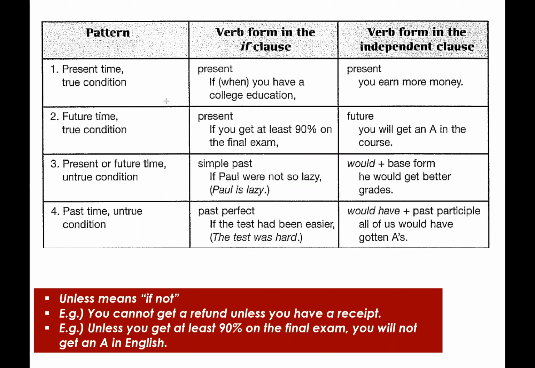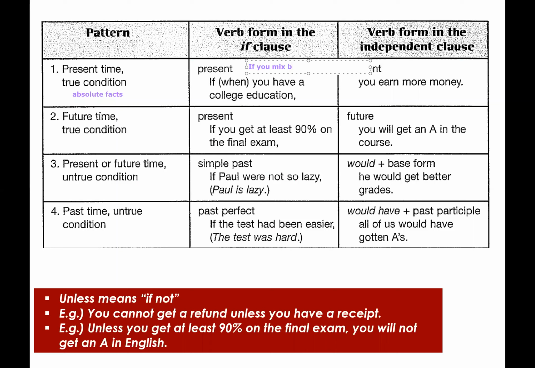When we're talking about true condition, or what I call absolute facts, we would use present tense in both clauses. Present simple, present simple. For example, if you have a college education, you earn more money. I don't think that's necessarily true anymore, so I'm going to give you a sentence that is more of a fact.